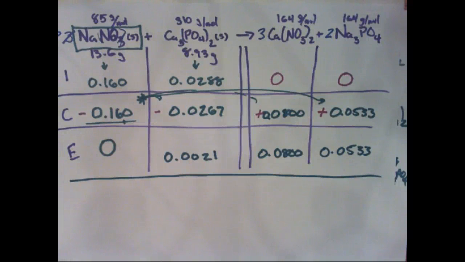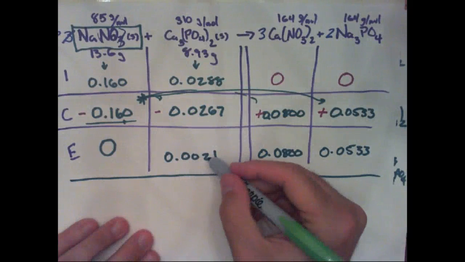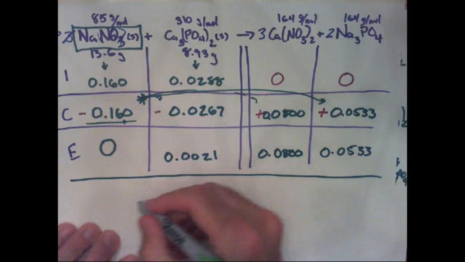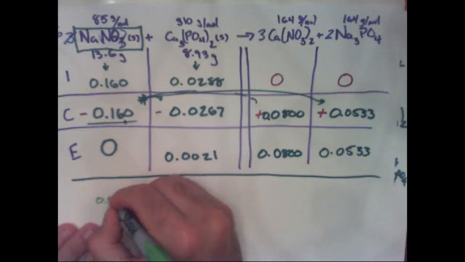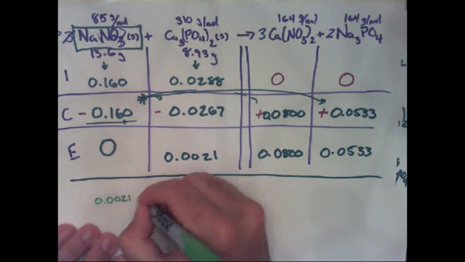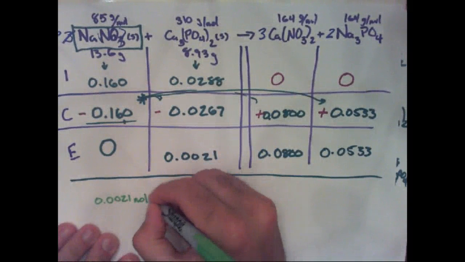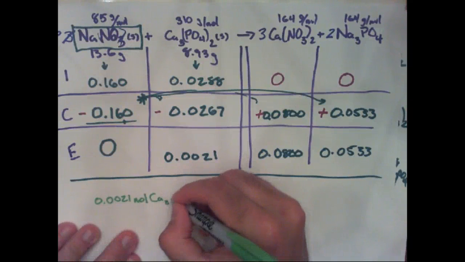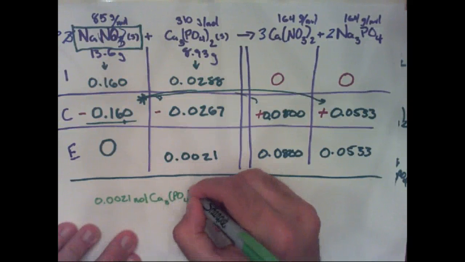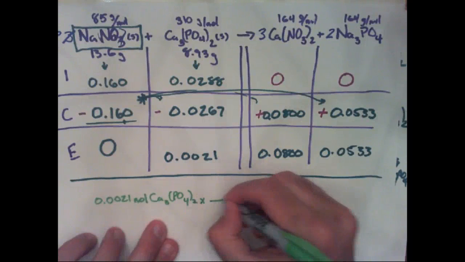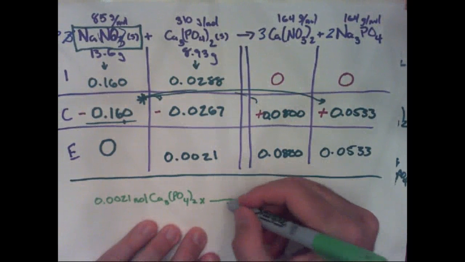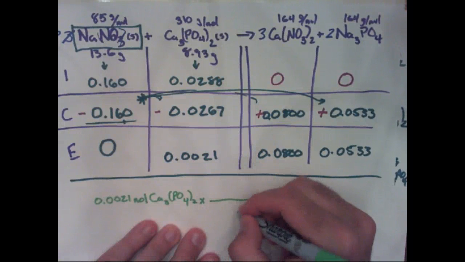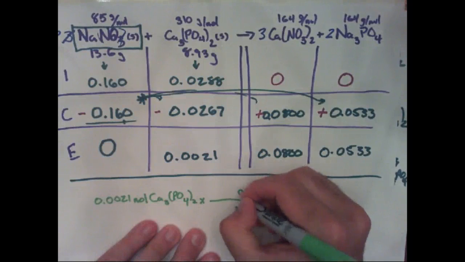So I'm going to do that in light green, and I'm going to do it right down below the box here. So for calcium phosphate, we have 0.0021 moles of calcium phosphate. And again, we X-line it, lots of X-lines, and we're going to go from moles to grams.